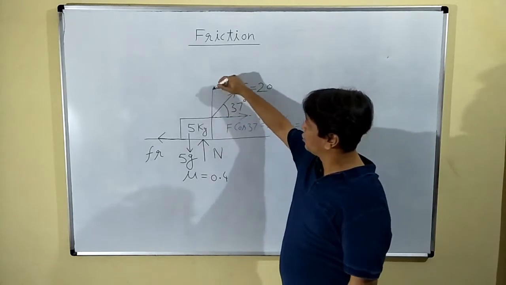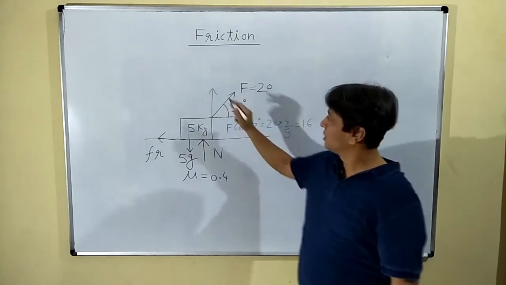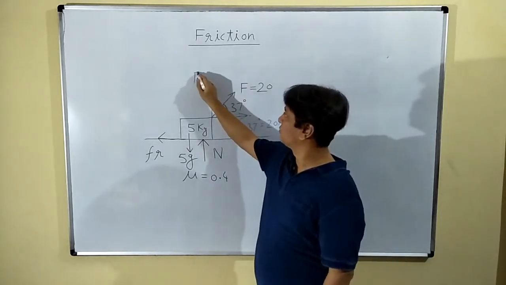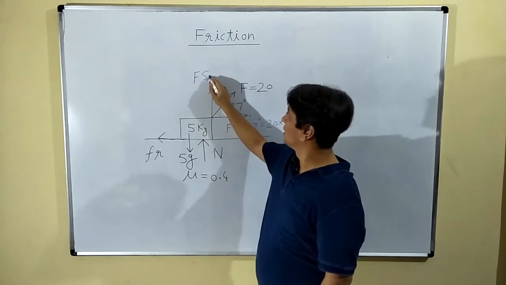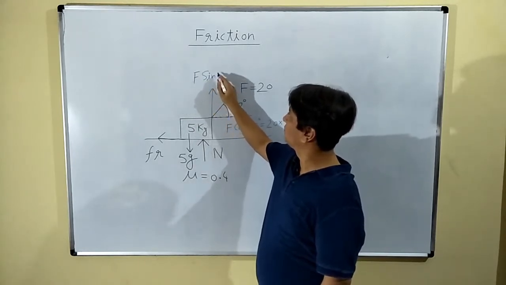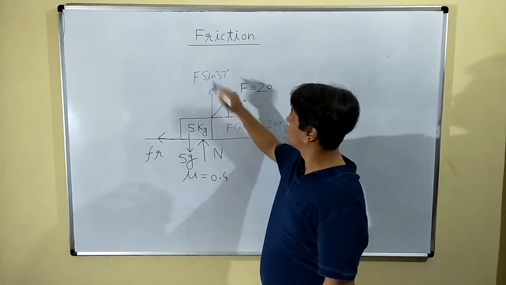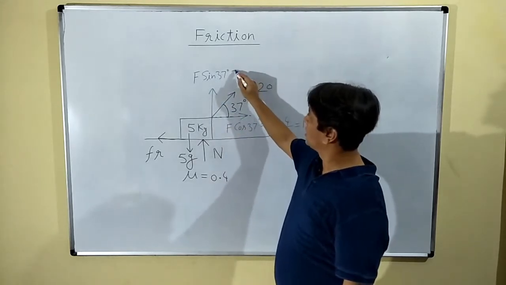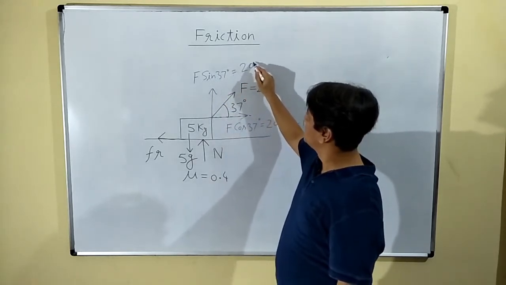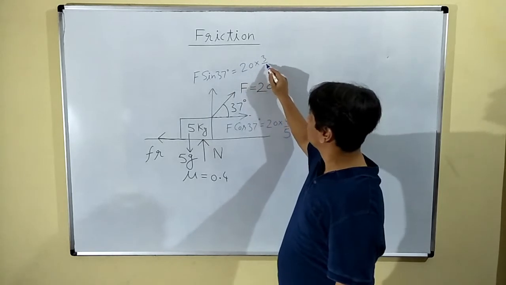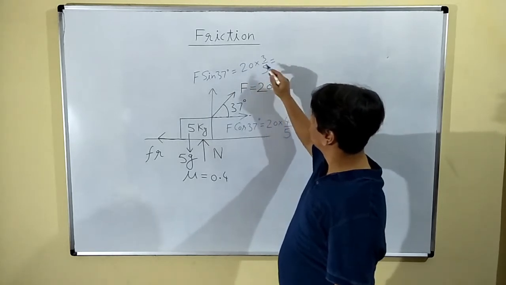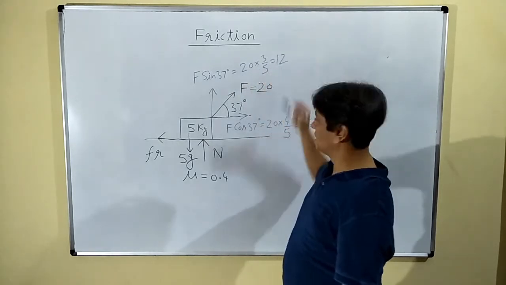And the force component in this direction will be F sine 37, which is 20 times sine 37, which is 3 by 5, so 5, 4, 3, 12.